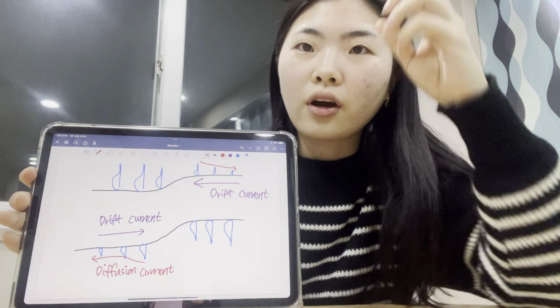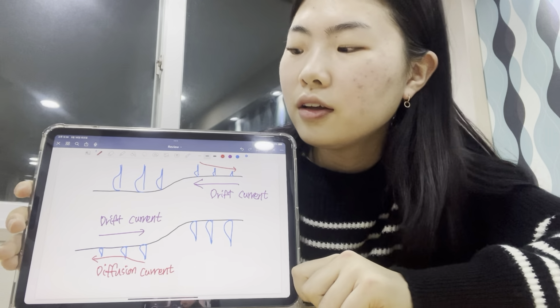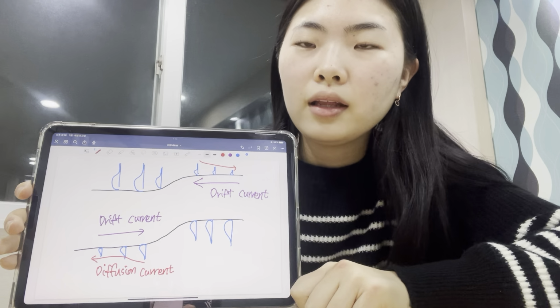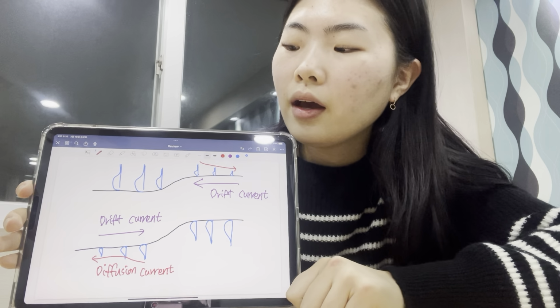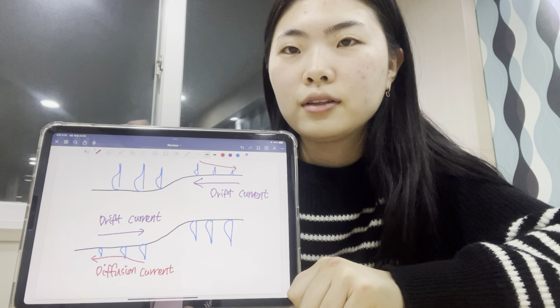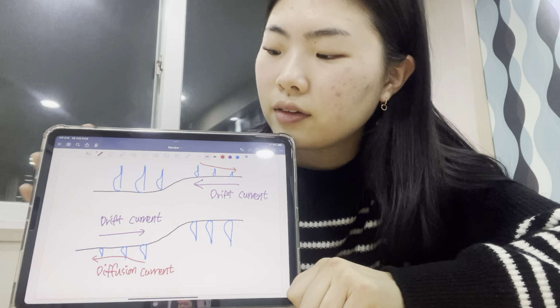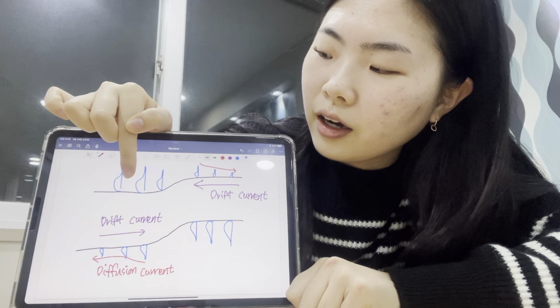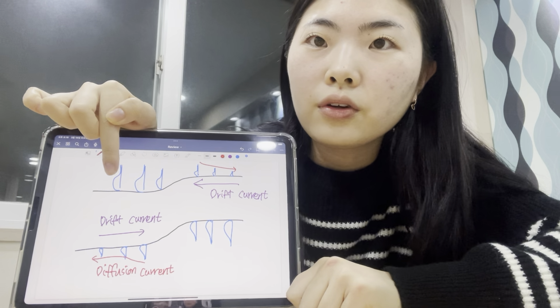Now let's talk about the current of the PN junction. We learned about N-type and P-type before, so we should know about the concentrations of those two types. In the N-type, there are a lot of electrons.